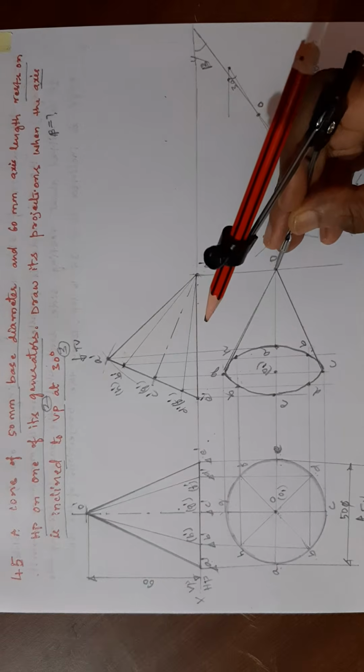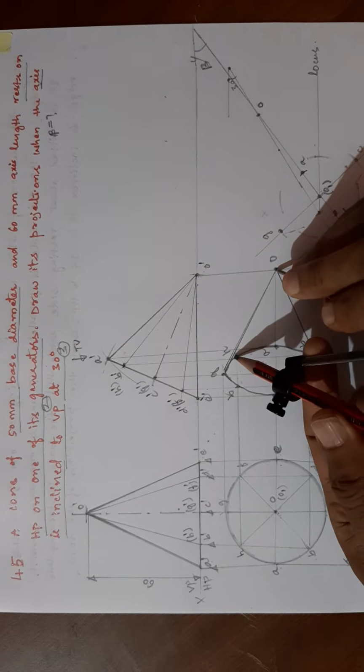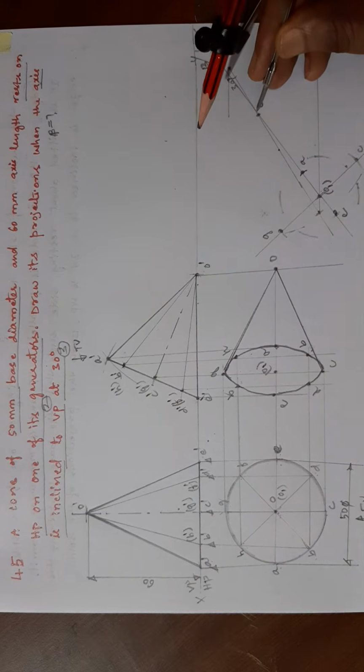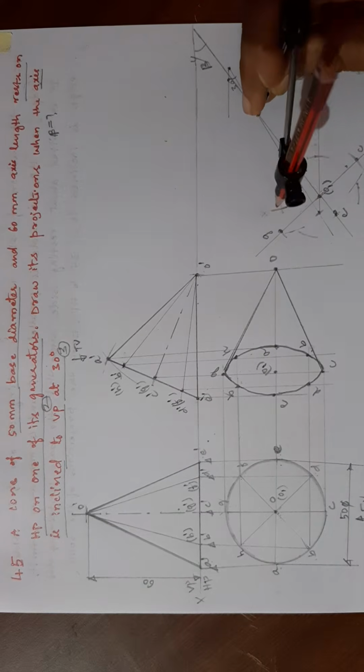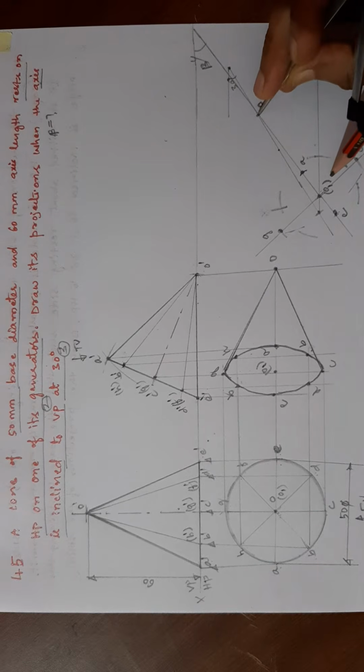Similarly, O1H is also equal to O1B. So keeping at this, cut the previous arcs like this.